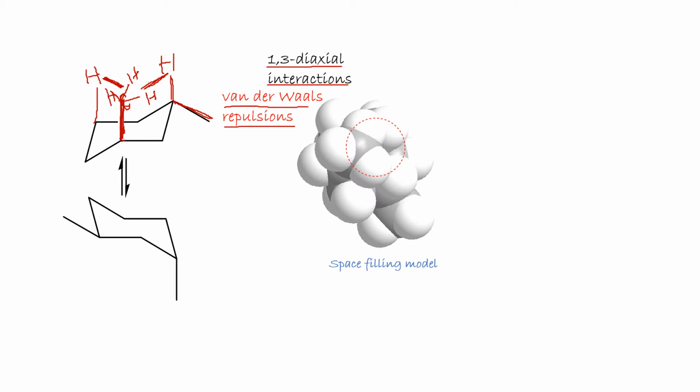Let's see it in here. See, this is hydrogen, and this another hydrogen, and this is the carbon CH3. How they are really close to each other in this what we call space filling model. They are not far away as we draw it in this structure. They are very close to each other. That's why there is a repulsion.